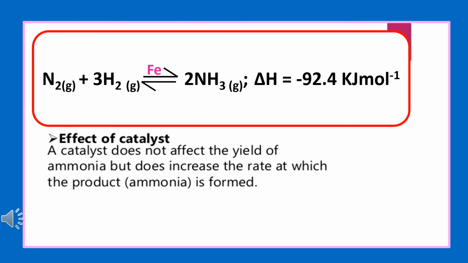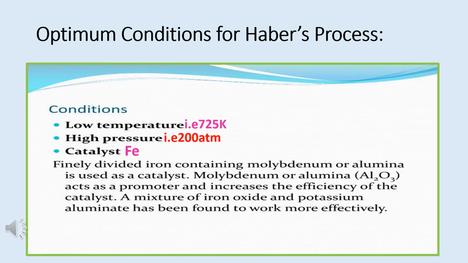Okay, students? From all the above discussions, let us see what are the optimum conditions for Haber's process. That is, conditions for the better yield of ammonia in Haber's process are low temperature, high pressure and catalyst finely divided iron.